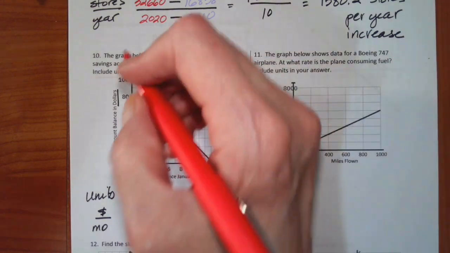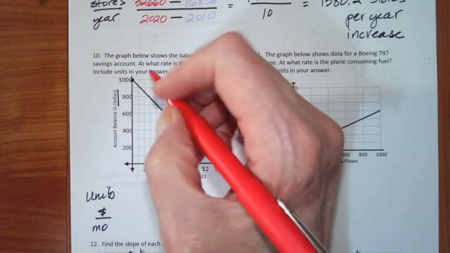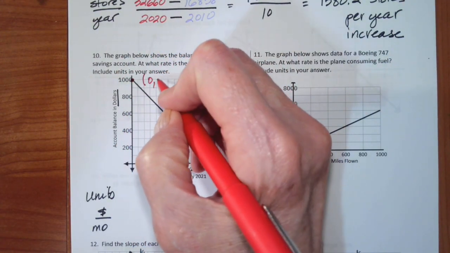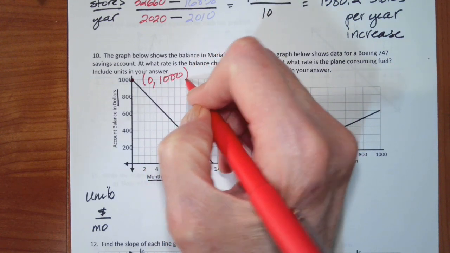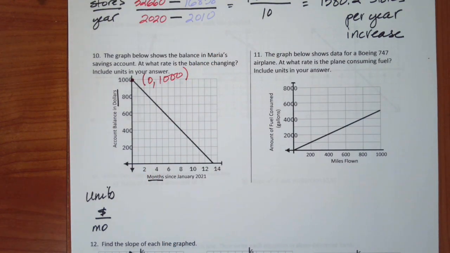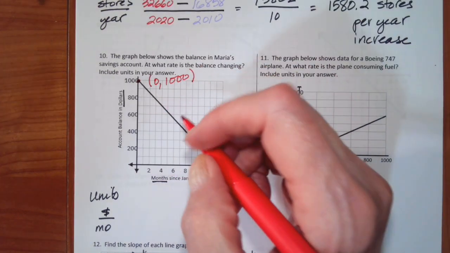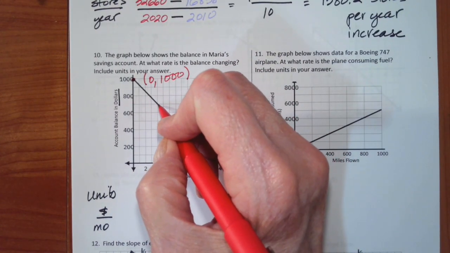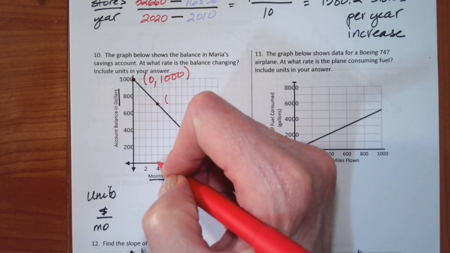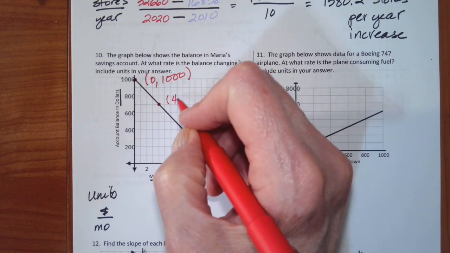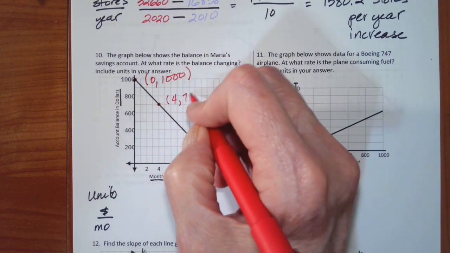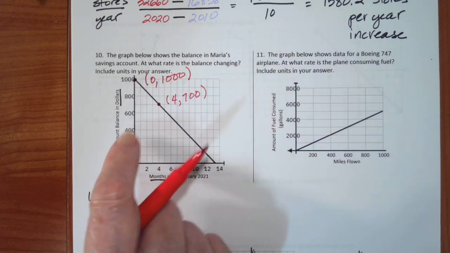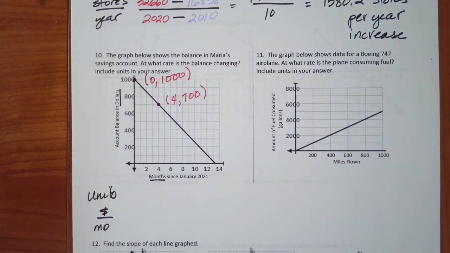So let's see. If I start with this point, this is the point 0, 1,000. And we'll use this point, which is the point 4, 700. Right between 6 and 8 is going to be 700.